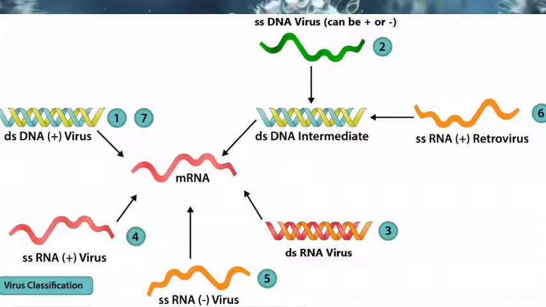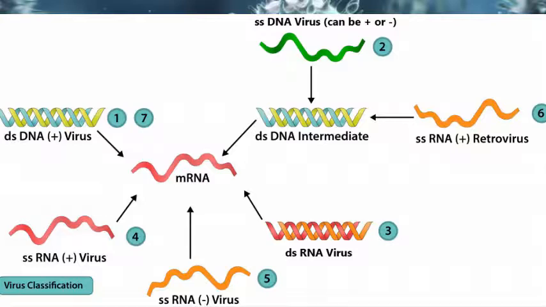And what about RNA viruses? Well, the viruses which have a positive single strand, they don't need to do anything because their RNA has all the characteristics of a messenger RNA. So it is immediately recognized by ribosomes in the cytosol and translated into proteins.